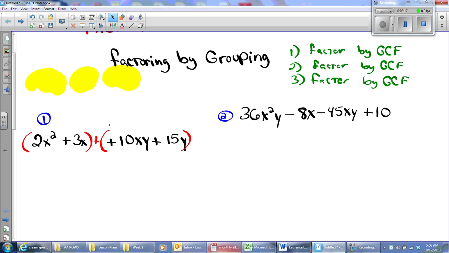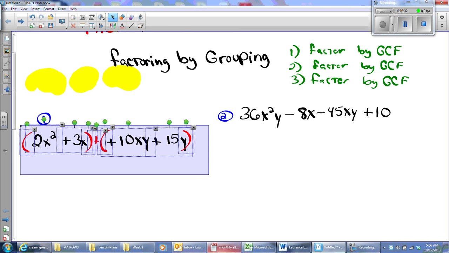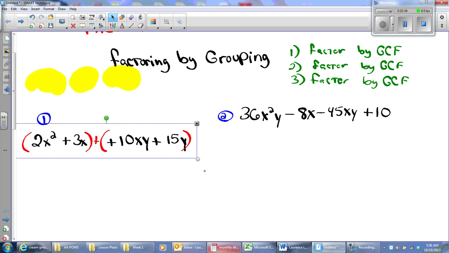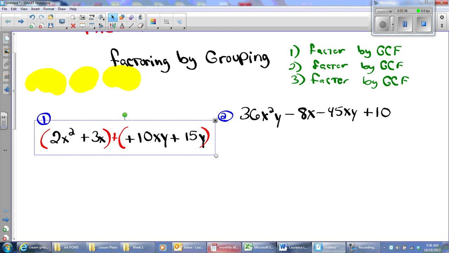Otherwise, it becomes a multiplication problem, a FOIL problem, and we don't want that. Okay, so now in this first pair here, I'm looking, what is the GCF of 2x squared and 3x? Well, I think it's just going to be x, right? And so here's what I'm going to do.